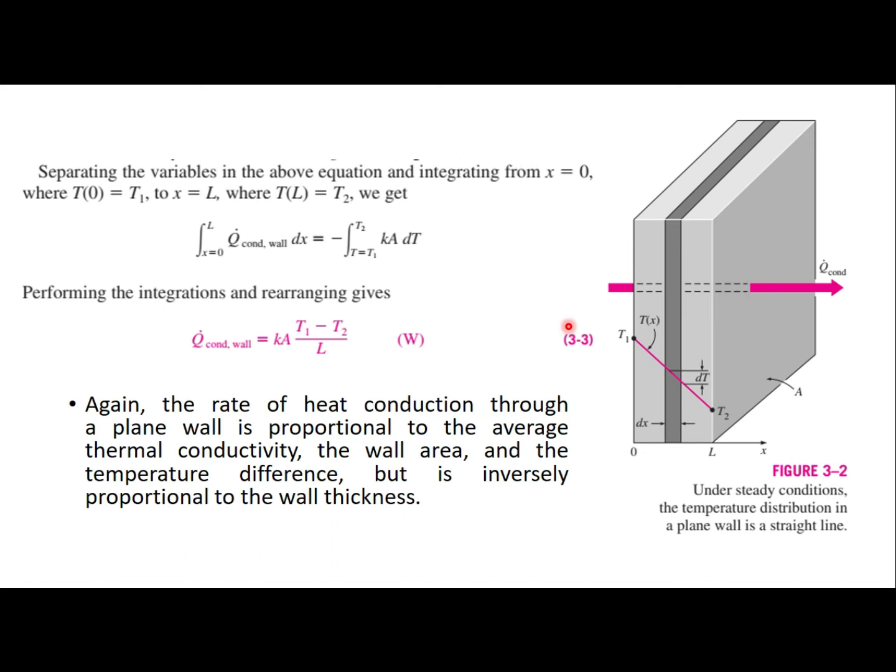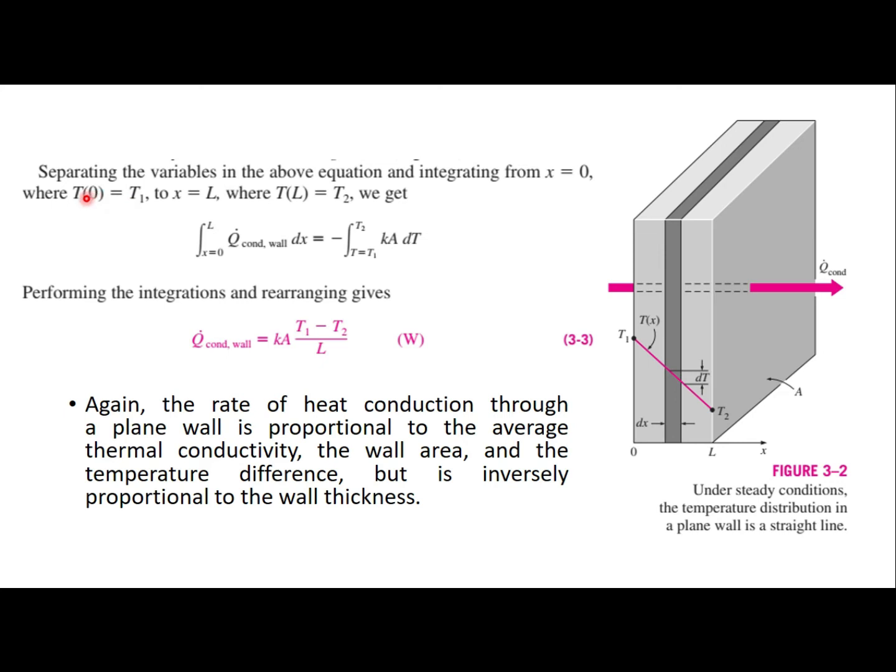The above equation can be solved, right? So we have the boundary conditions. We have the thickness from 0 to L, and we have a temperature from T1 to T2. So we separate the variables in the above equation. The boundary conditions: T at 0 is equal to T1. What does it mean?